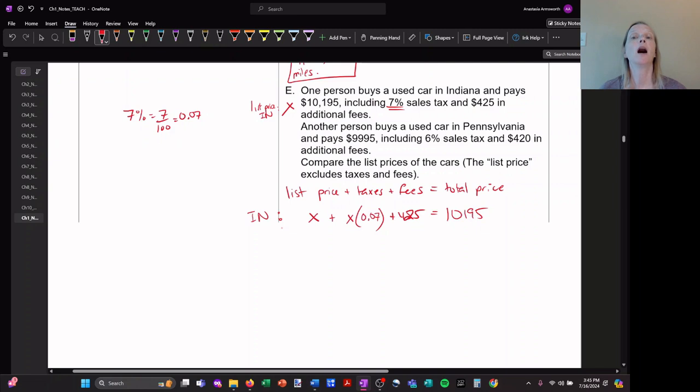Now, how do we simplify this so that we can solve for X? Well, X plus 0.07X are both like terms. Those can be added together so that we get 1.07X. Remember, there's an invisible 1 here. 1x plus 0.07x is 1.07x.